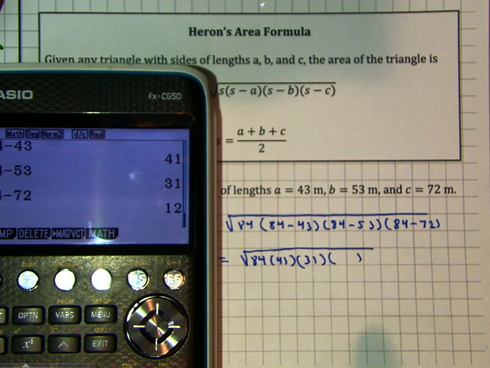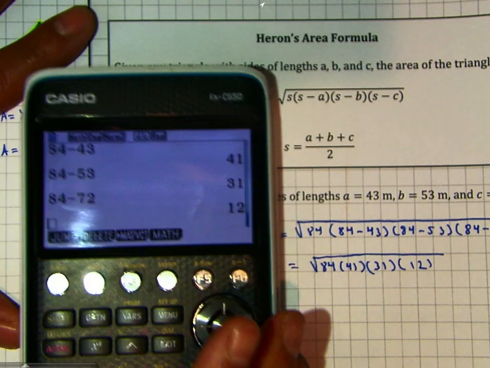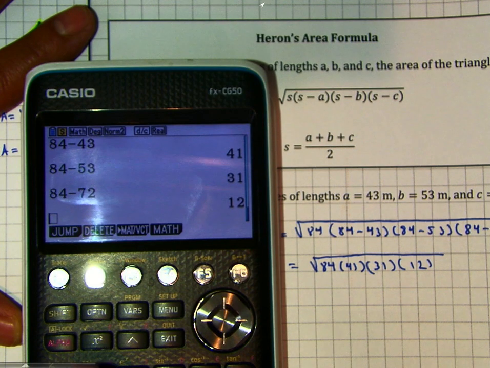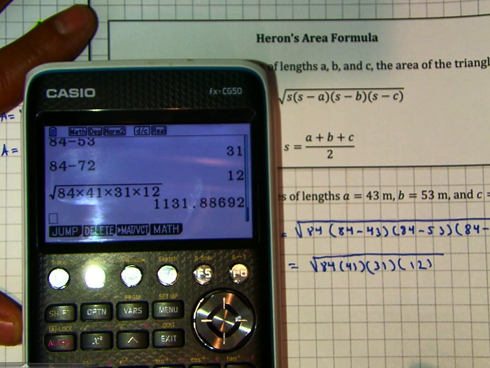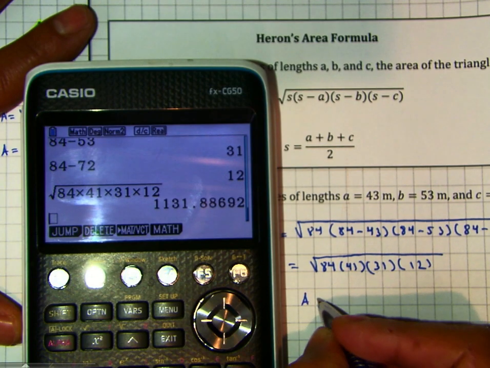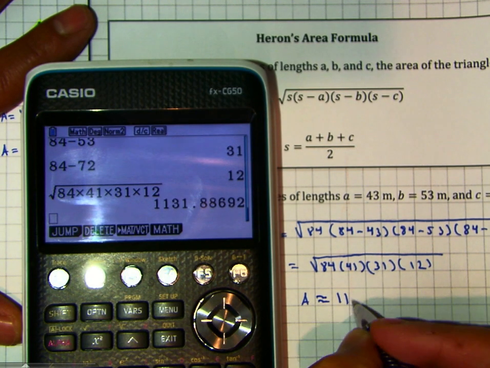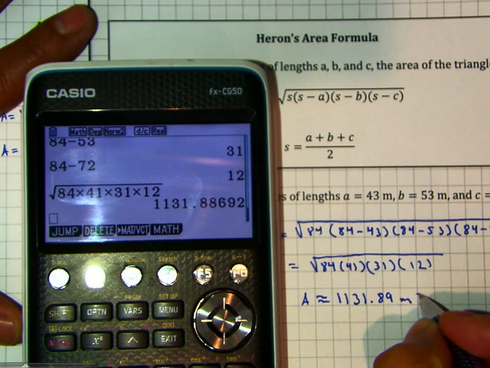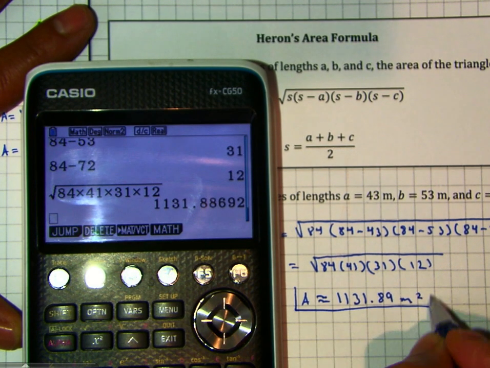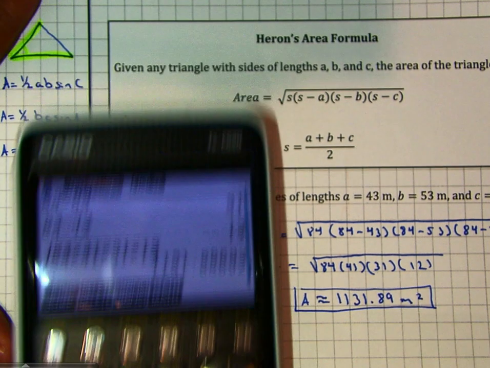You can just type it in at once if you want. So I'm just going to take the square root of 84 times 41 times 31 times 12. So the area is approximately 1131.89 meters squared.